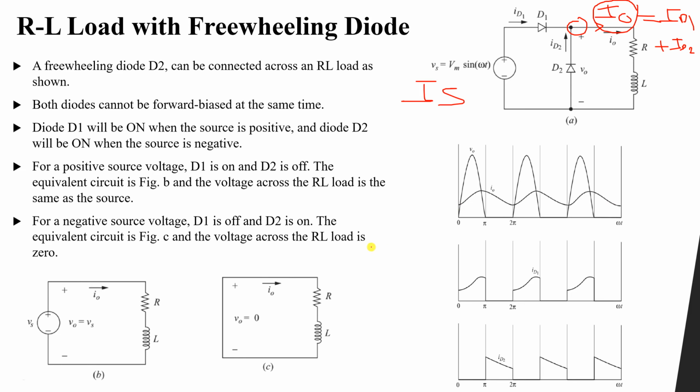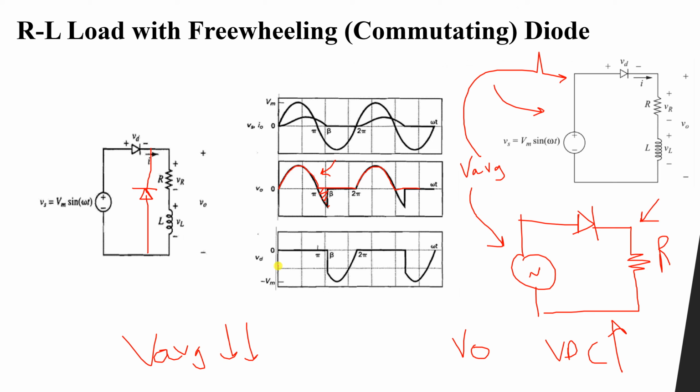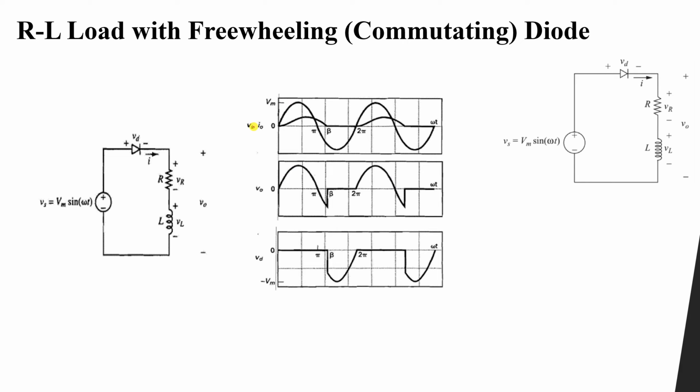Now the very important question here is why does the current look like this? Let me show you. For the current I output in the first circuit, it starts from 0 to pi, then starts discharging to beta.